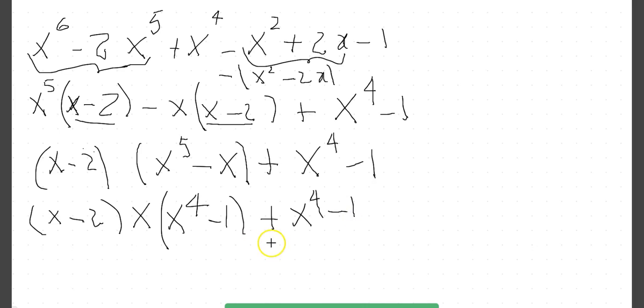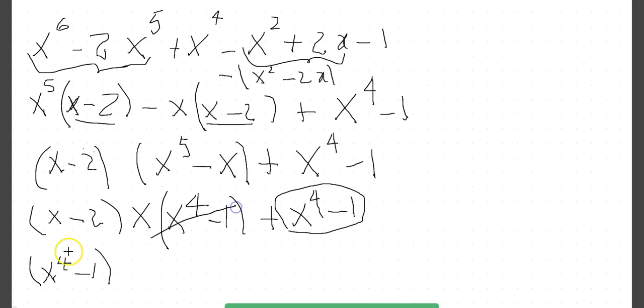Which means I can have this common factor, x to the power of 4 minus 1. Factoring by dividing here, I would have x minus 2 plus 1.